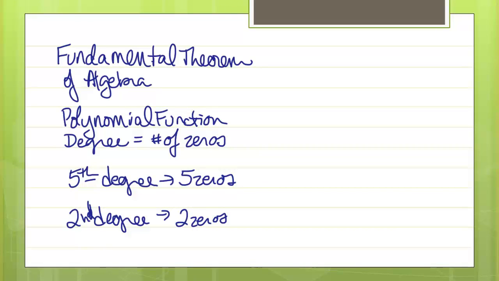Now we've said in the past up to 2 zeros. So when we talk about the fundamental theorem of algebra, what we're saying is if there's a repeated one, they count twice.